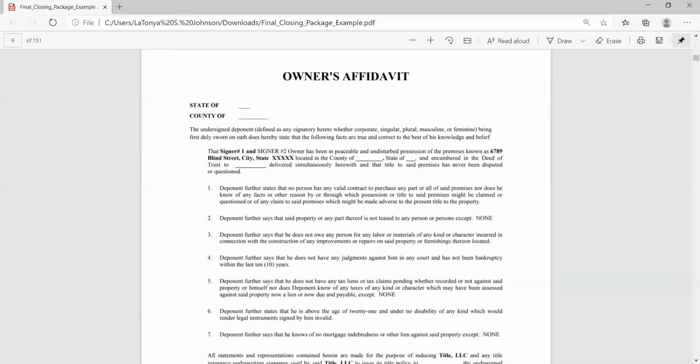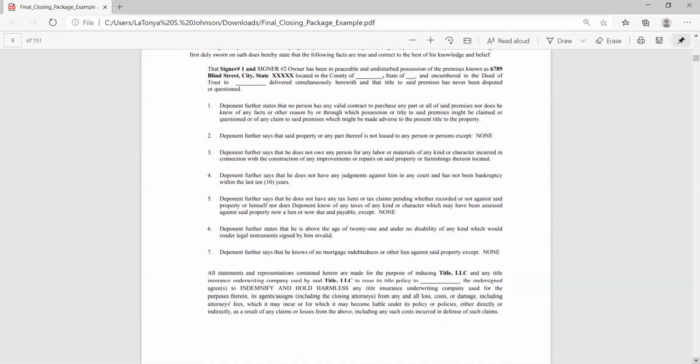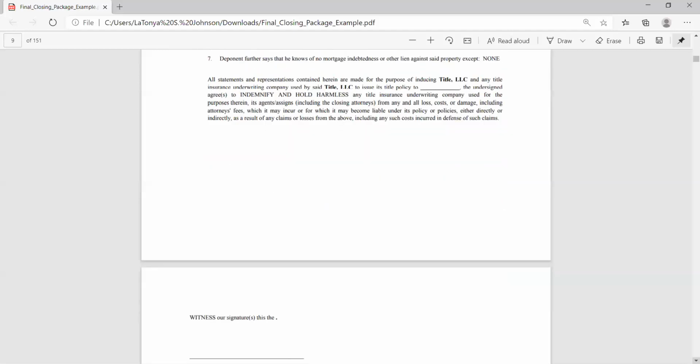And there are so many different types of documents. First of all, you're not going to explain these documents to your client at all. You give them an overview. This document is just saying, please read the document, is what you basically tell them. Read the document. It's just saying that you own and possess the property, but you don't explain these documents to them, because that is the duty of the actual title company or their lender or their real estate agent.